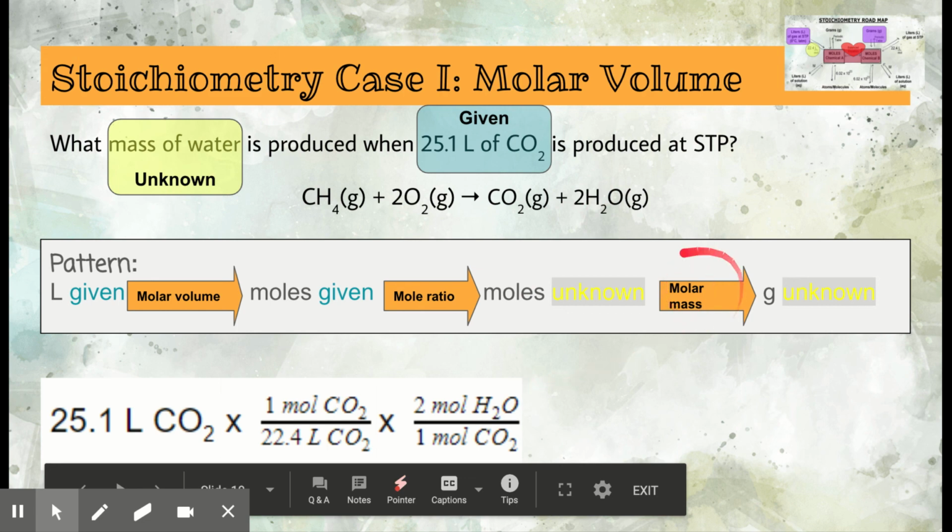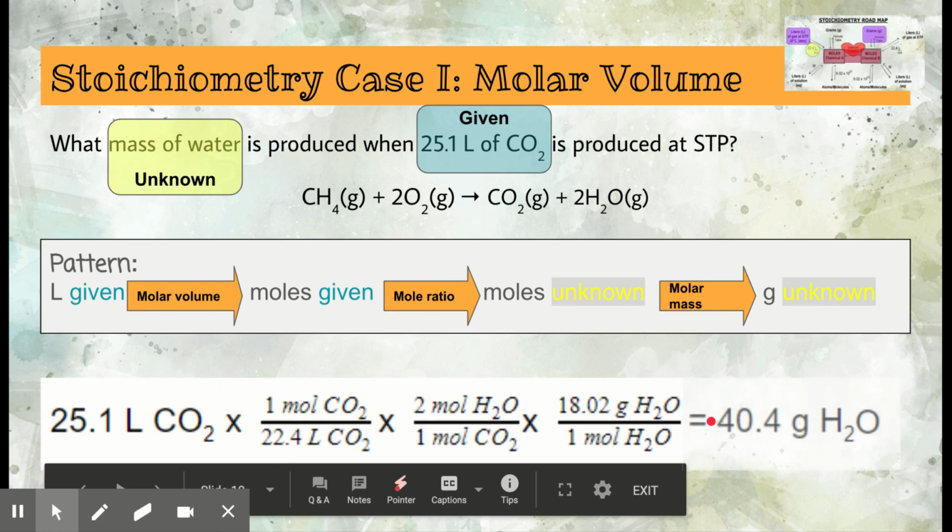And so now my final conversion factor is molar mass. I know that the molar mass of water is 18.02, and so 1 mole of water is going to be 18.02 grams. If I multiply and divide across, I should get 40.4 grams of H2O. So 40.4 grams of water were produced when 25.1 liters of CO2 were produced.